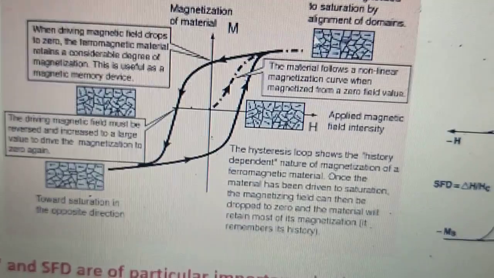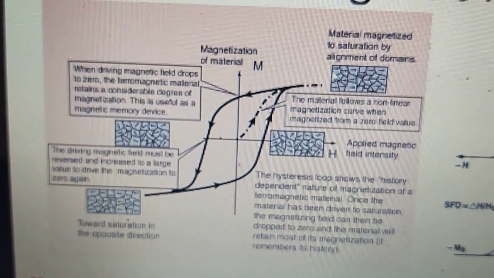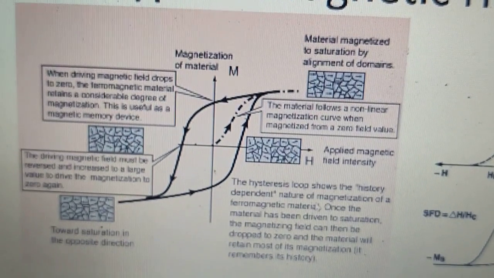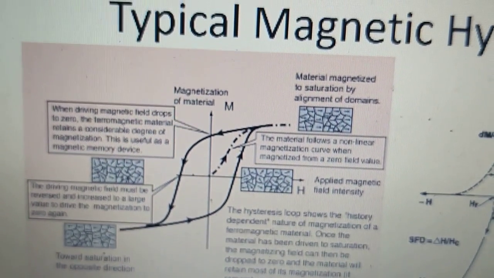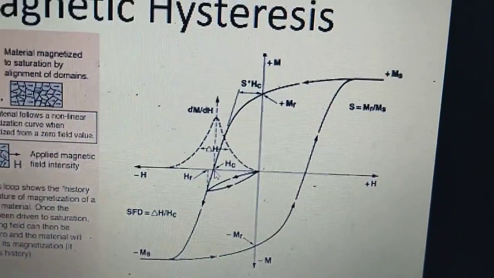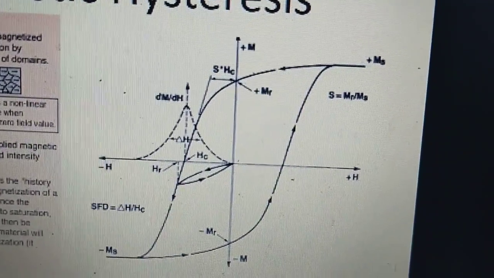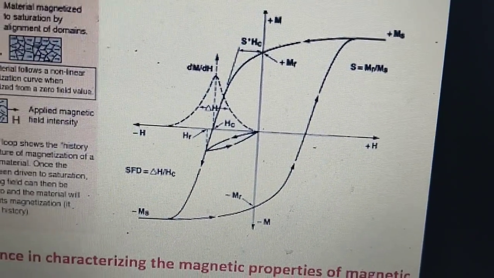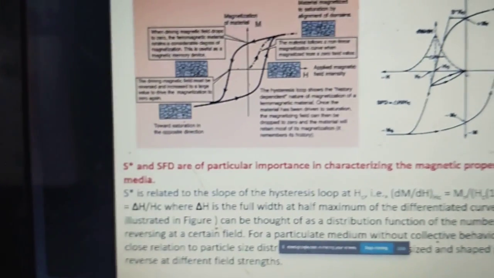Now, some parameters are important to understand this reversibility and irreversibility. Right at the porosity, we normally find the derivative of magnetization with respect to the magnetic field. We call this the switching field distribution. As you can see, a Lorentzian type of curve over here.